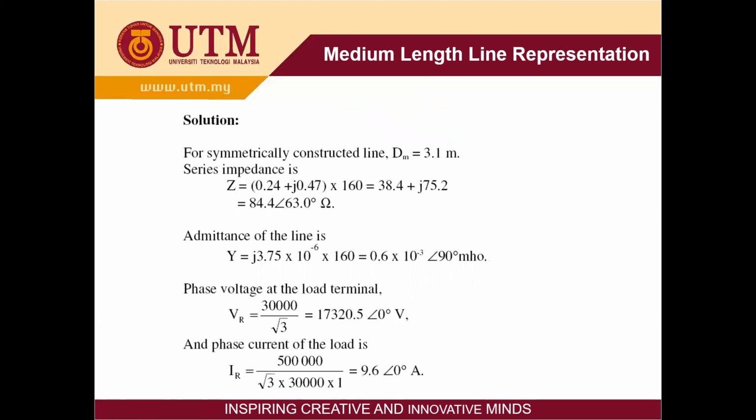So this is the solution. Please ignore this solution here. The series impedance which is given, you need to multiply with 160 kilometers. So you will obtain this as your Z total. And the admittance, which is your Y, you also need to multiply with the kilometers.